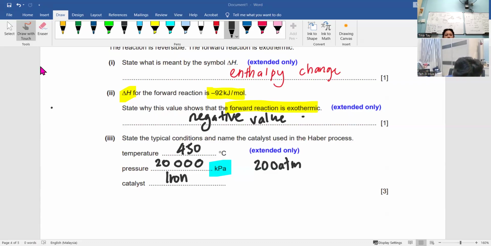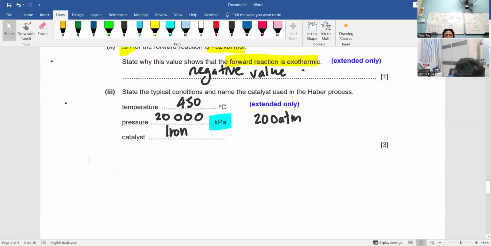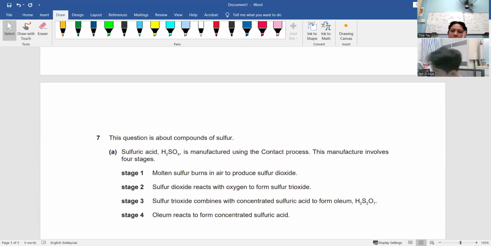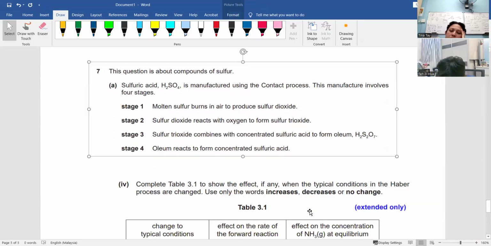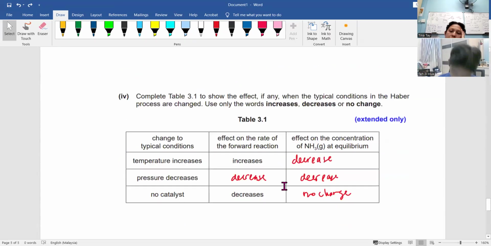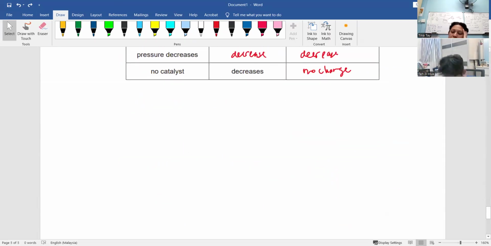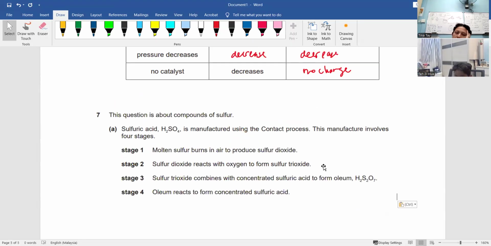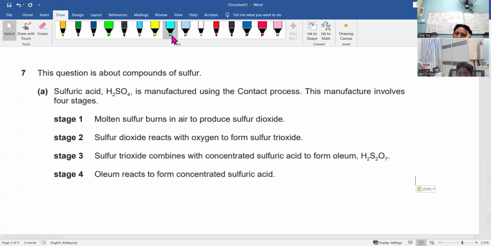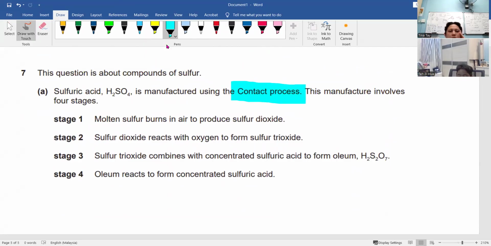Okay, so in part one, next week remind me to go through the color change of anhydrous salt. There's one more part. So this is called the contact process. Contact process is to make sulfuric acid.